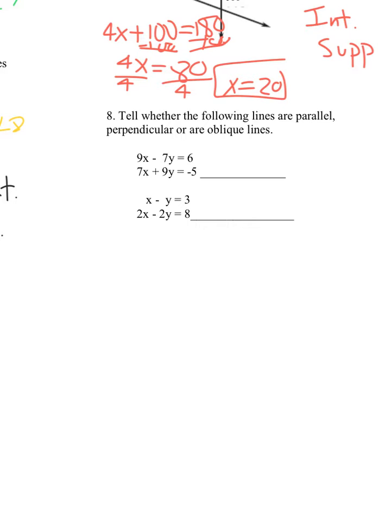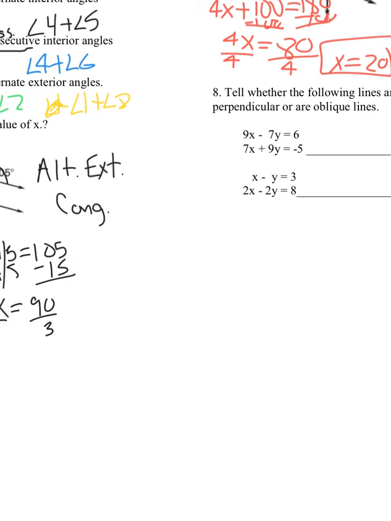So they're in standard form, 9x minus 7y equals 6, so Ax plus By equals C. You're going to have to solve them to y equals mx plus b. It's algebra, but don't freak out. It's not difficult at all. Okay? So I'm going to label these so I can come down here and do each one. 9x minus 7y equals 6. Okay, 2 steps, guys.